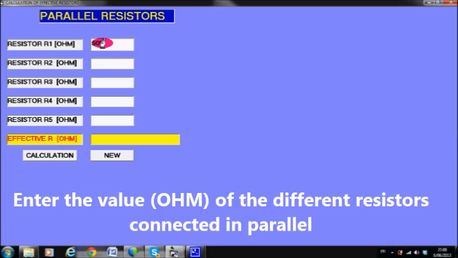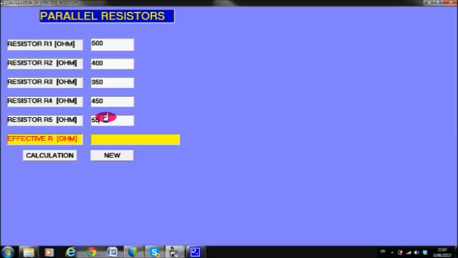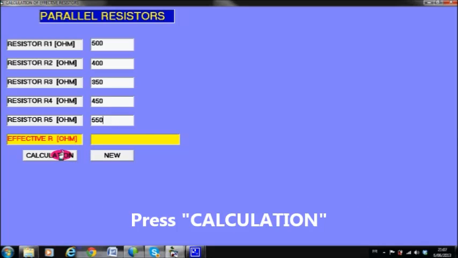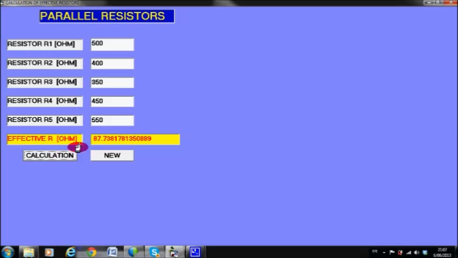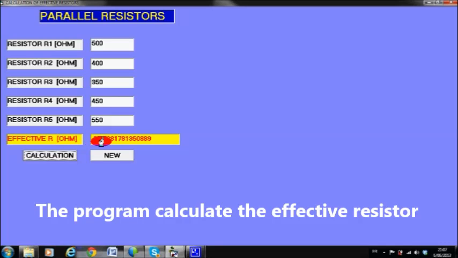I can have 500 ohms, 400 ohms for R2, 350 for R3, 450 for R4, and then 550 for R5. And then you just press the calculation button and you have the value of the effective resistor of these resistors connected in parallel.